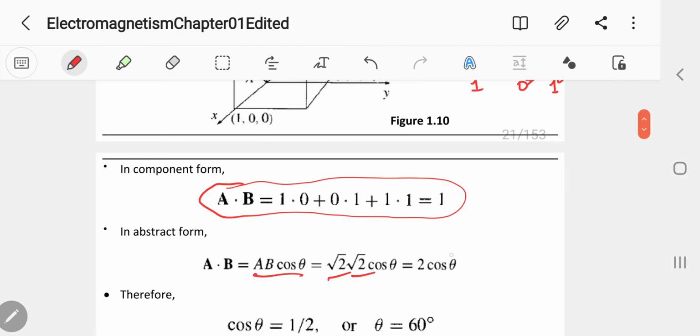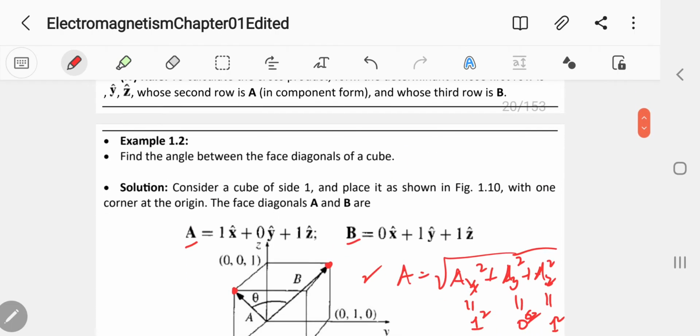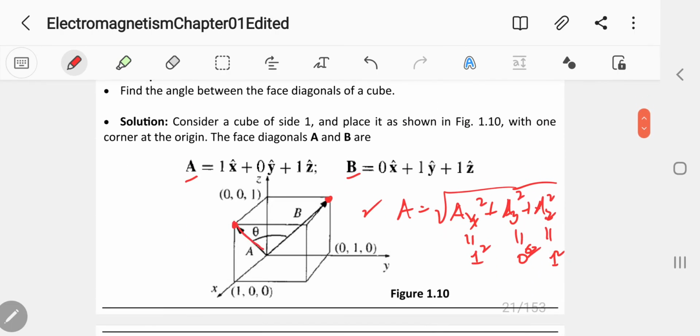So this is 2 cosine theta, but A dot B is equal to 1, so cosine theta is equal to 1/2. So therefore arc cosine of 1/2 is equal to 60 degrees. You can also get that by a geometrical process. This one is a diagonal, and this is square root of 2.